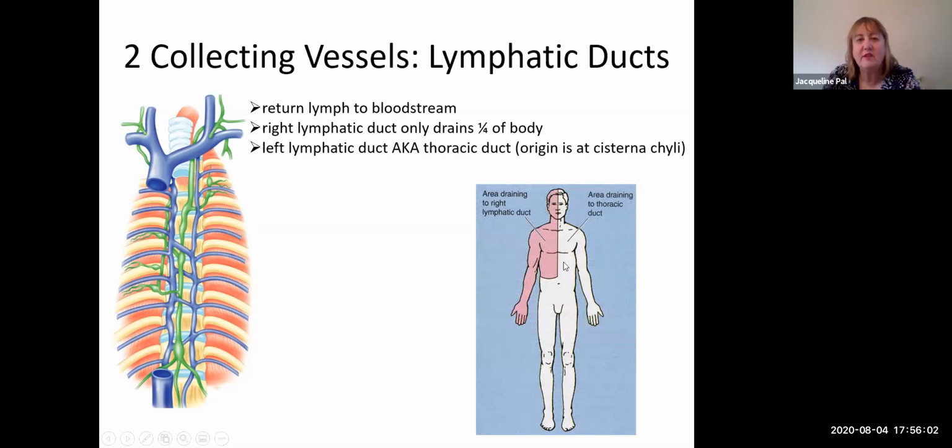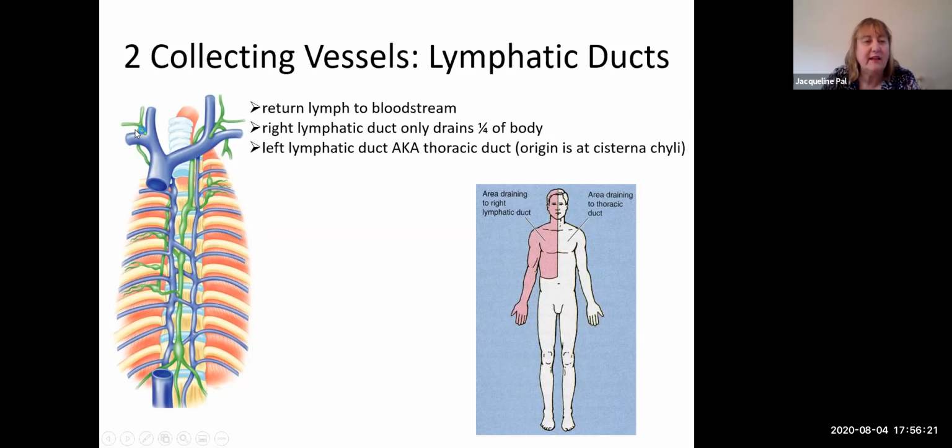So the left lymphatic duct, known as the thoracic duct, drains everything on the left half of your body, as well as everything below the diaphragm on the right. So well more than 75% of your body.